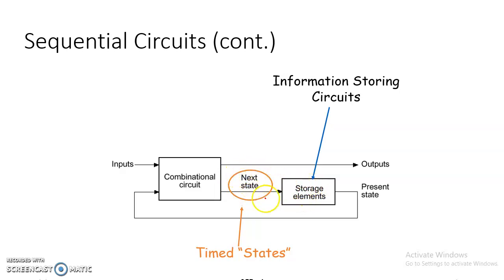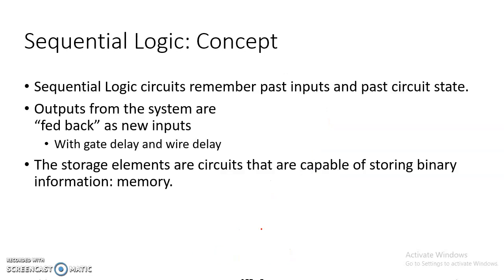The storage element input is the next state of the flip-flop, and the present state again goes to the combinational circuit. So the combinational circuit as well as the present state of the storage element decide the next state of the flip-flop, and that is considered the output of the flip-flop. These states are called time states. So this is the block diagram of a sequential circuit, which is nothing but a combinational circuit plus some storage element.